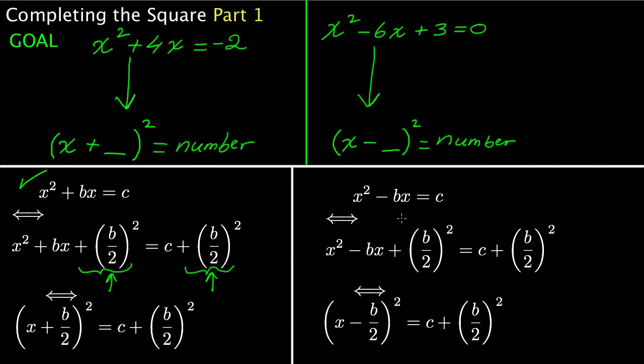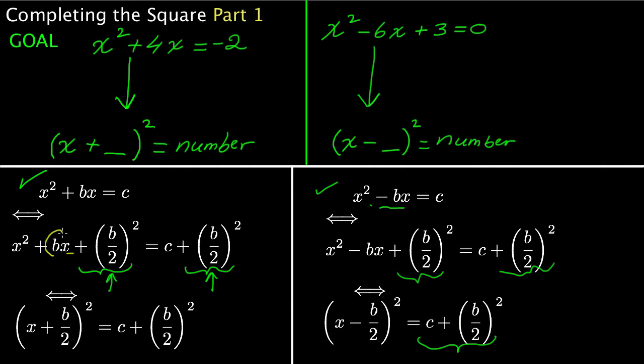And the same idea works even if we have x squared minus some quantity times x. So again, we add this quantity to both sides, and then the left-hand side ends up being the difference binomial squared equals some number. So either way, we have a perfect square on the left, and we have a number on the right. But in both cases, let's see if we can analyze this number.